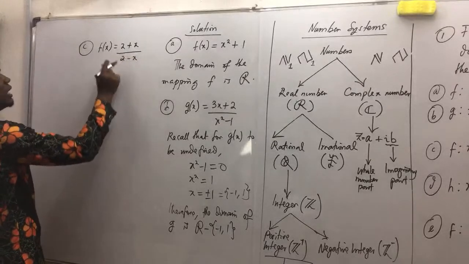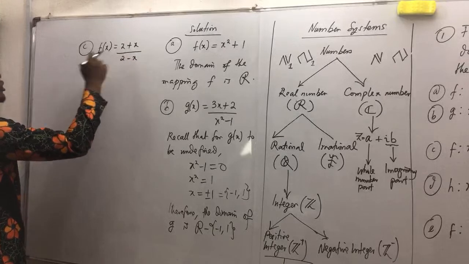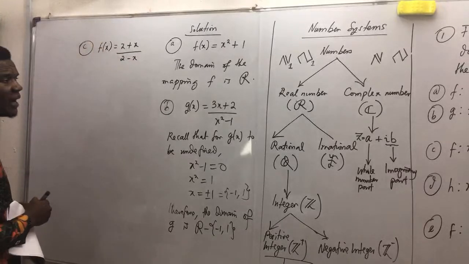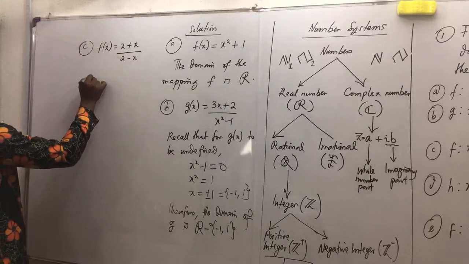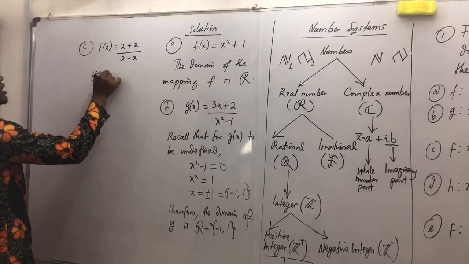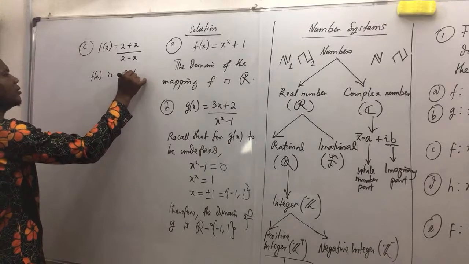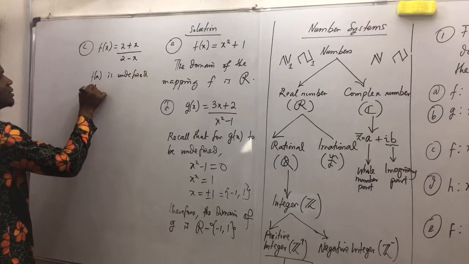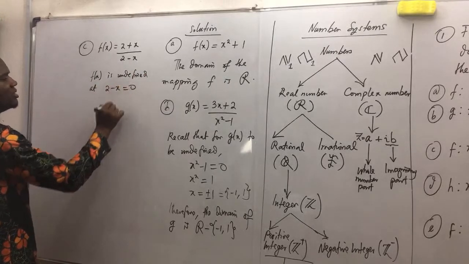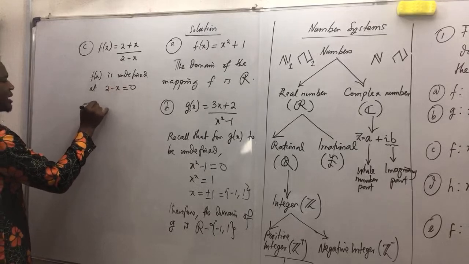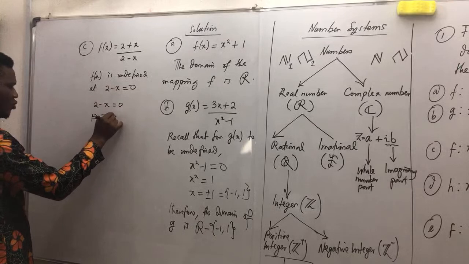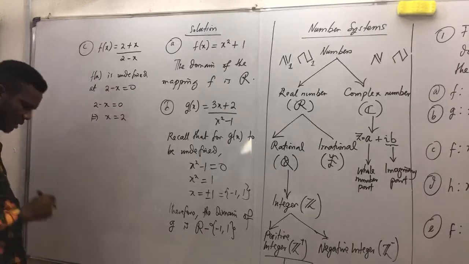So the first thing you would have to do is to find the value of x for which this rational function will be undefined. And what you simply do is to start by saying that f of x is undefined at 2 minus x equals 0. So if 2 minus x is equal to 0, then it implies that x will be equal to 2.